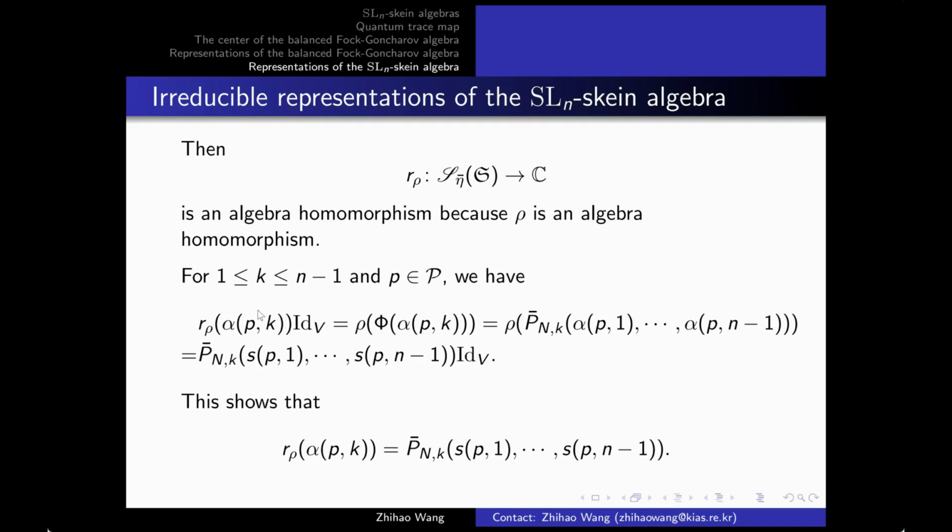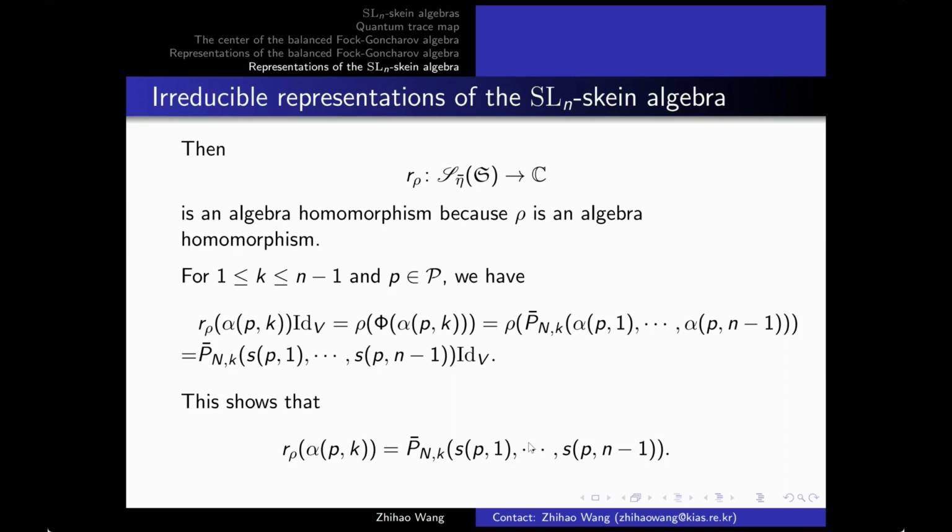Comparing this guy and this guy, we get that rho maps alpha pk to be this. So now, an irreducible representation of the skein algebra also gives us two data, the algebra homomorphism R rho and also SPK. And the relation between these two data is this.